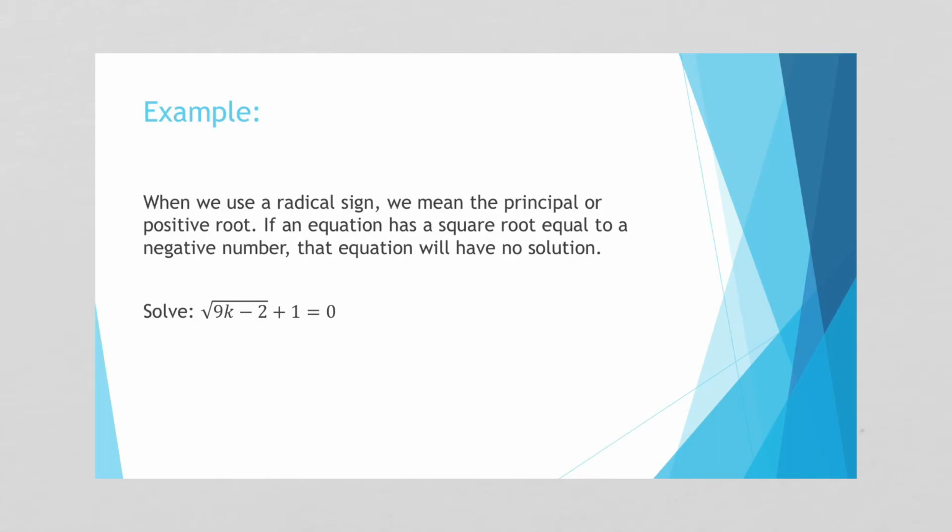Okay, so it's really important that you understand that whenever we see a radical, we are talking about the principal or the positive root. So whenever we take this square root, we are talking about the positive of this. So watch what happens whenever we continue with this problem right here.